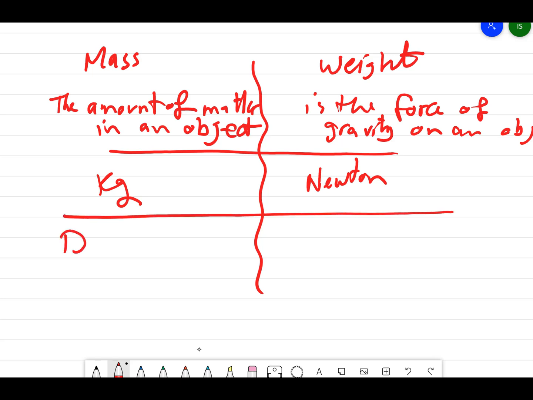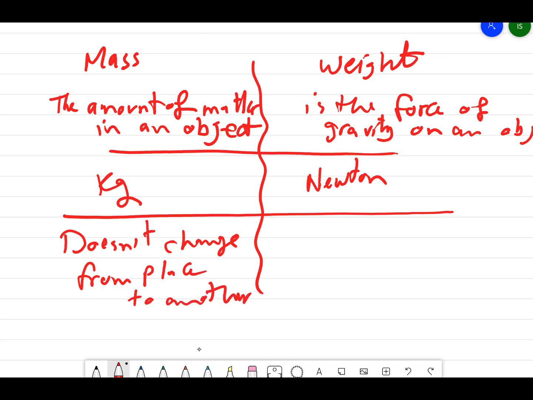Mass doesn't change from place to another because it is the amount of matter in you. It doesn't change.